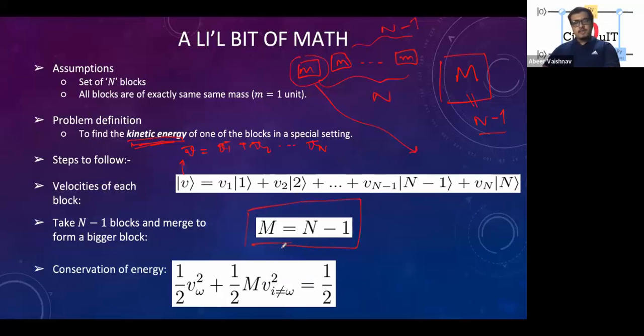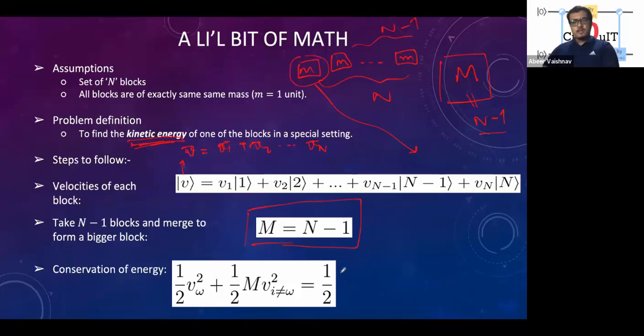The energy of the whole system is still conserved, because we have not modified any of the masses or velocities of the system. We have just combined some of the masses together. So the conservation of energy still holds here.